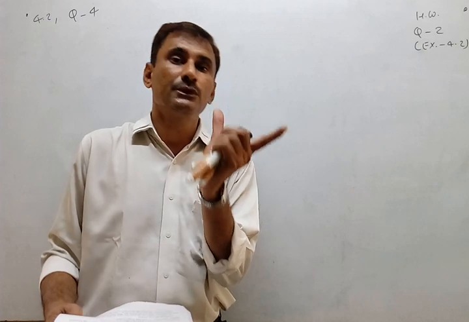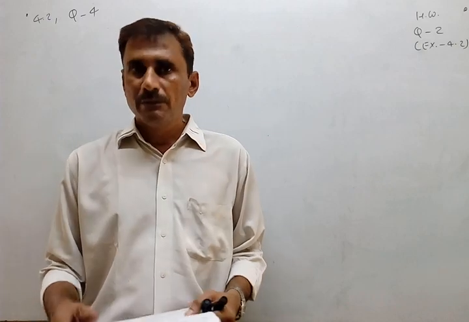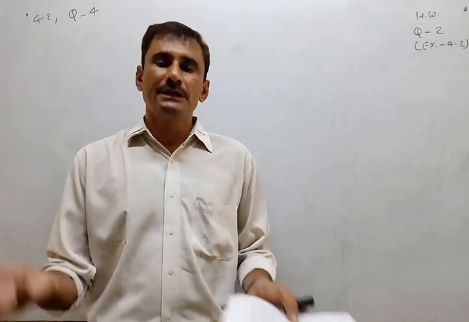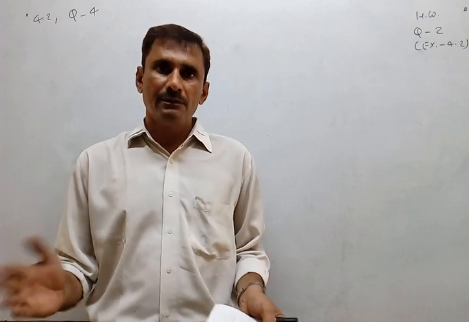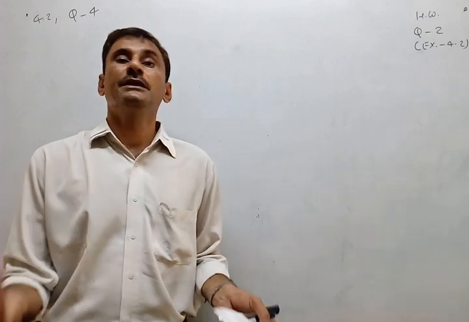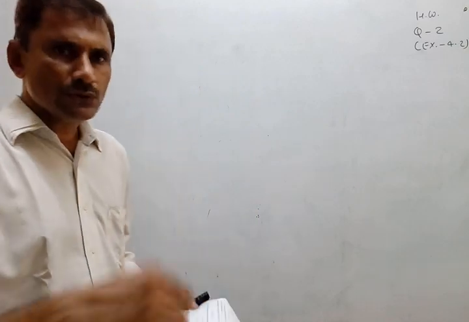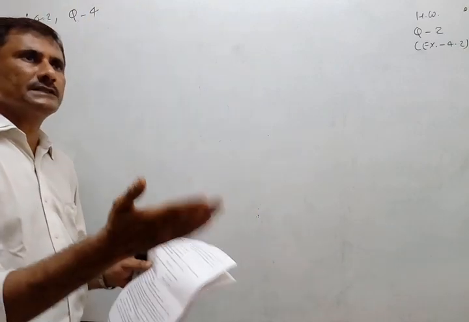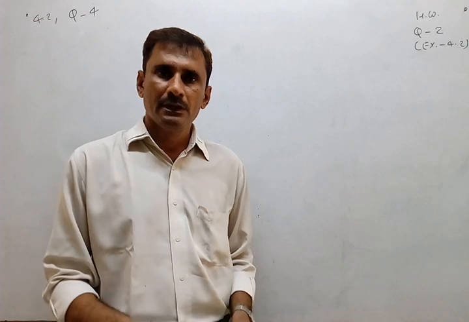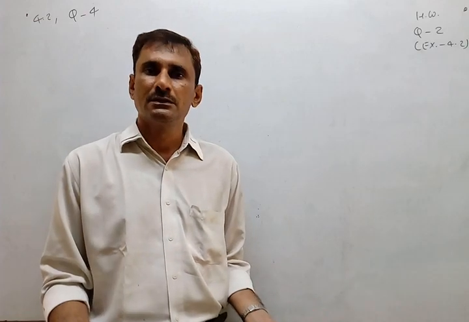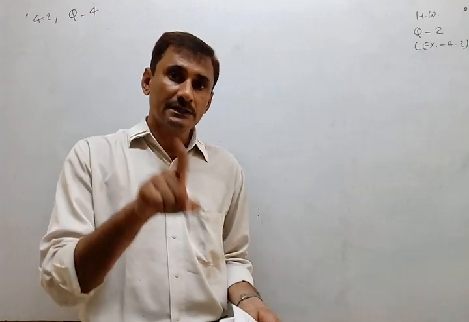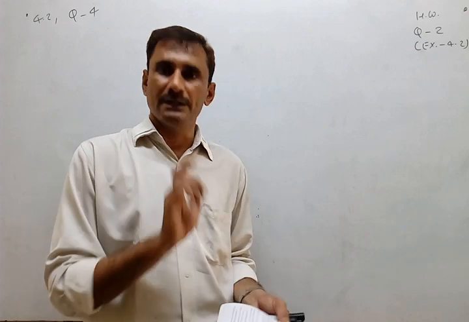Two consecutive positive integers means what? 5 then 6, 6 then 7, 8 then 9, 15 then 16, 99 then 100. So these are two consecutive positive integers. Okay. So automatically here very easily we can suppose both numbers at a time as x and x plus 1. We supposed in exercise 4.1 also this way.